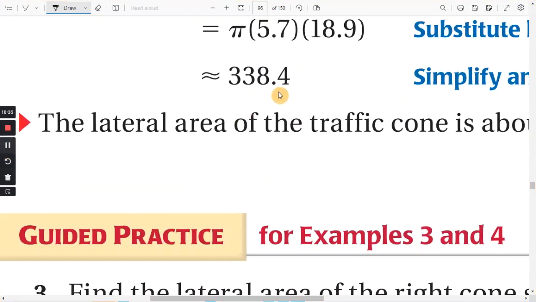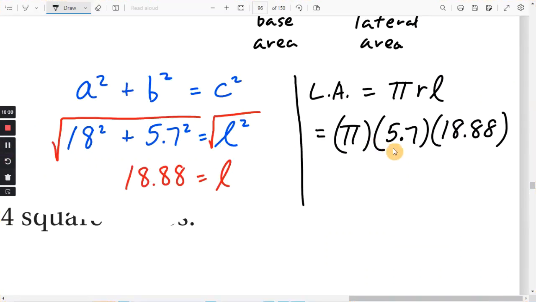They did 1 decimal, so that's what we'll do. So pi times 5.7 times 18.88. And rounding off, I get 338.1. And their units were in inches. So the units on an area are going to be inches squared.